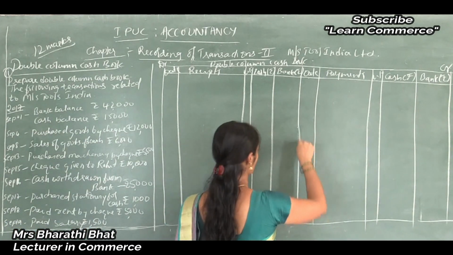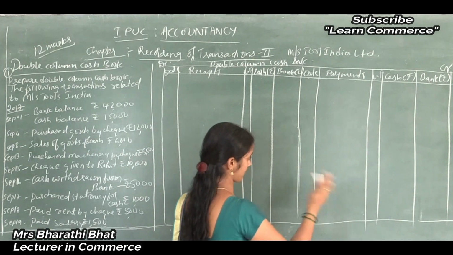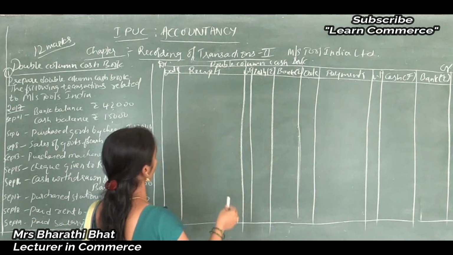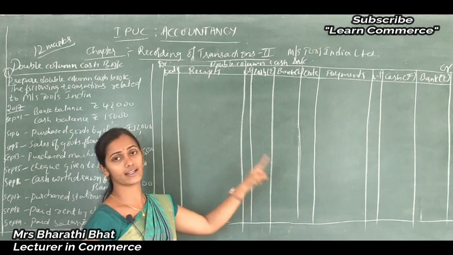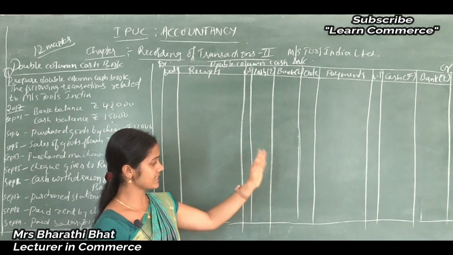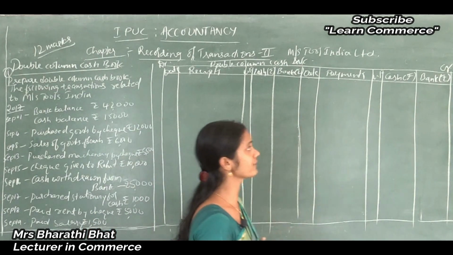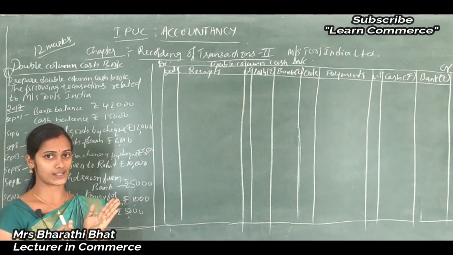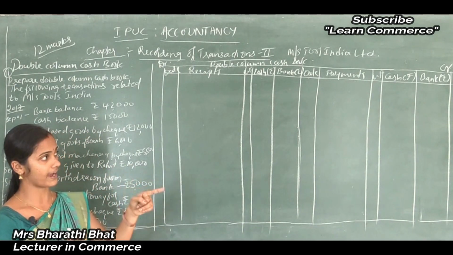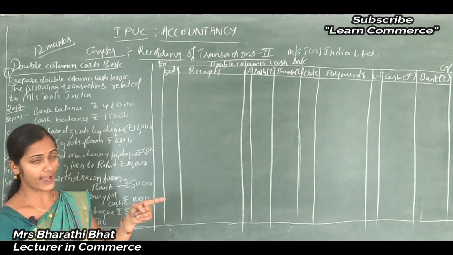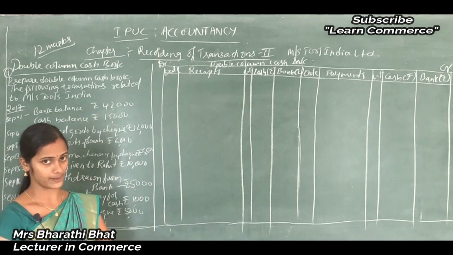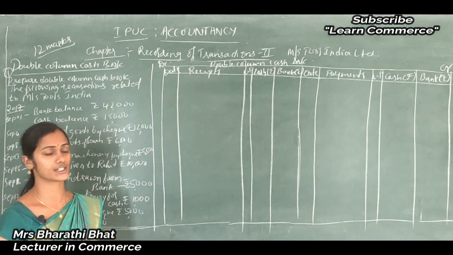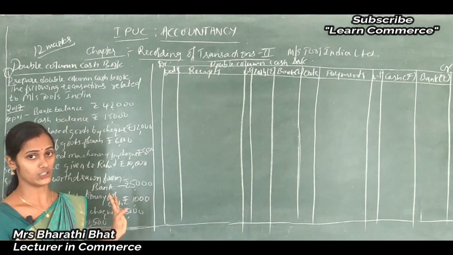On the other side the same: date, payments, LF, cash and bank. All the banking transactions, receipts and payments, are recorded under bank, and all cash transactions under the cash column. Only this much.